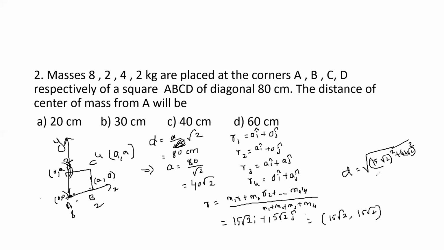If we simplify this, we will get under root of 900. So root of 900 is nothing but 30 centimeter. That is, option B is the right option here. Next.